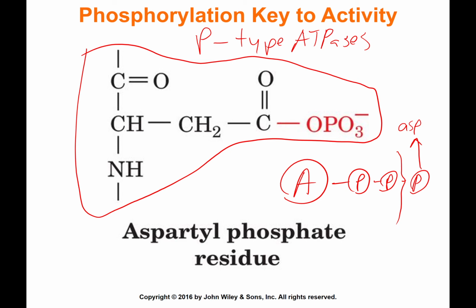And this phosphorylation event is the key to unlocking the mechanism of these types of pumps. When the protein is phosphorylated, this is going to cause a conformational change that is going to allow different events to occur. And when it's unphosphorylated, the protein will be in another state. So these P-type ATPases have 2 states, an unphosphorylated state and a phosphorylated state.